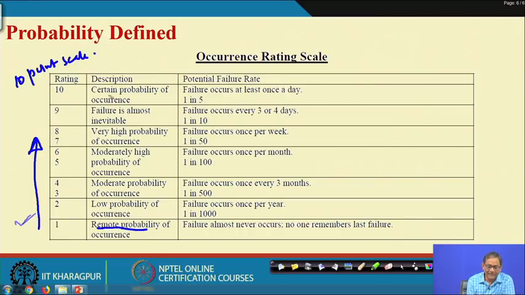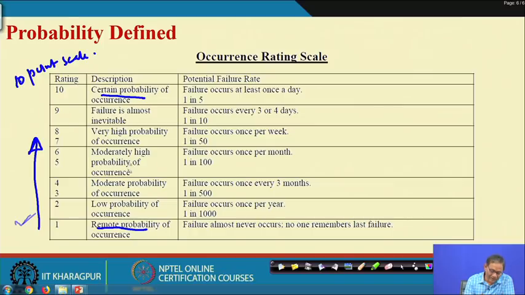If it is 10, certain probability. And in between, the degree of occurrence, the probability of occurrence, is less. So, remote probability 1, low probability 2, moderate probability 3 or 4 depending on the situation, moderate high probability 5 and 6, very high probability 7 and 8, failure is almost inevitable 9, and certain probability 10.